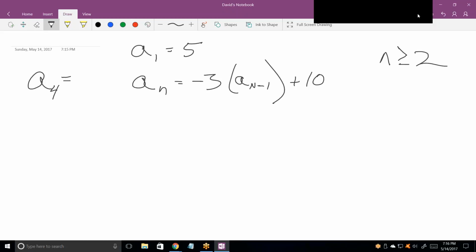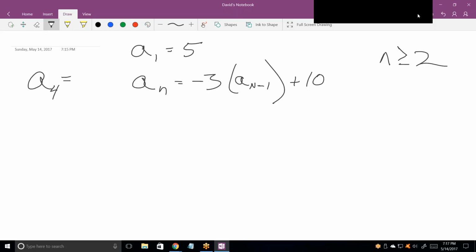This is not the explicit nth term. This is the recursive nth term formula. The difference is that the recursive formula is always a function of the previous term. In other words, to know the fourth term, you need to know the third term.